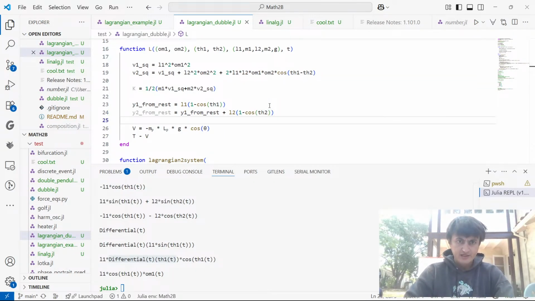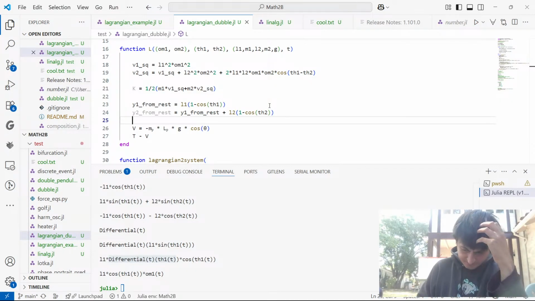Okay? And the potential energy should just be m1 g delta y1 plus m2 g delta y2, right?